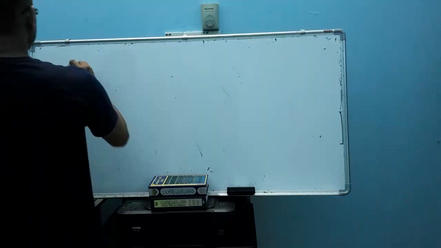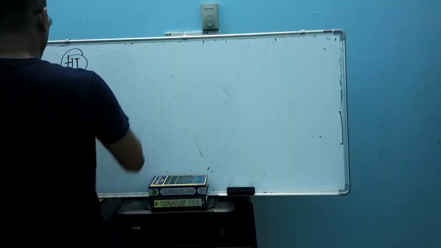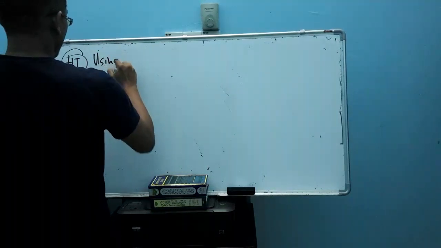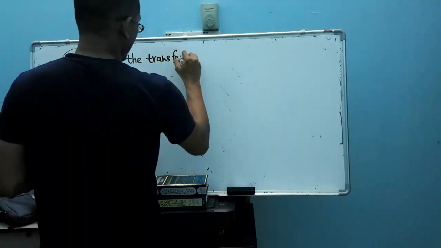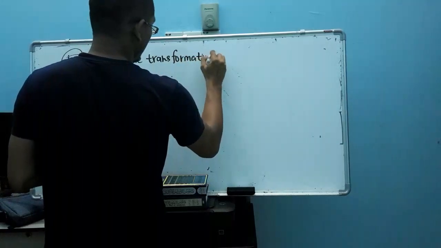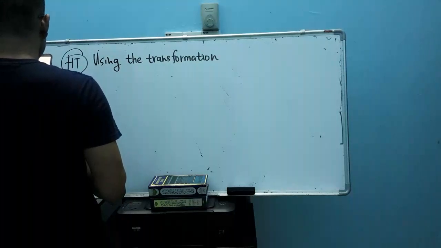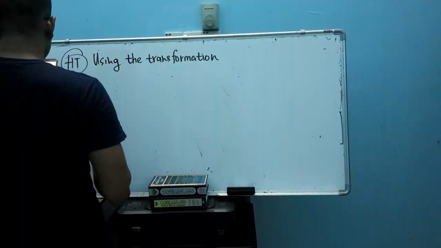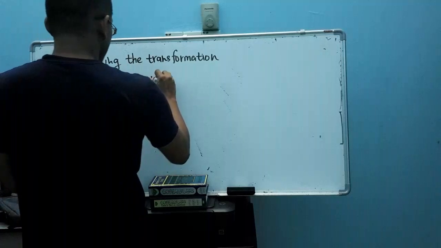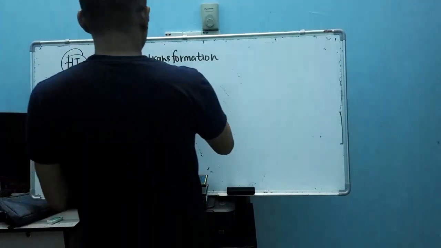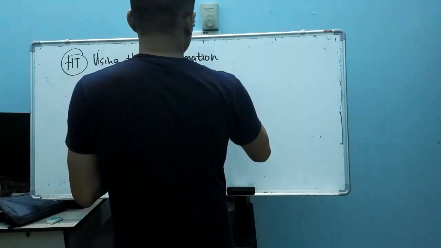So the home task: using the transformation u equals 3x plus 2y and v equals x plus 4y.